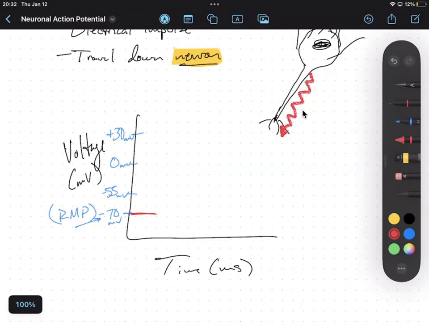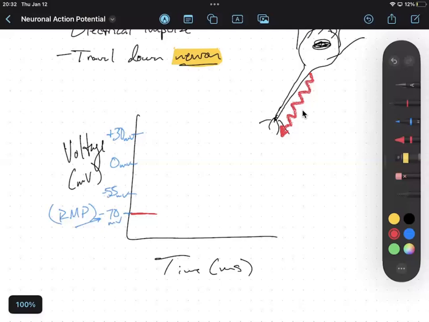For potassium, it's something like negative 90. For sodium, it is quite a bit more positive, somewhere around positive 60. Our membrane is more permeable to potassium, so our resting membrane potential is going to be closer to that equilibrium potential of potassium, which is somewhere around negative 90 or so.